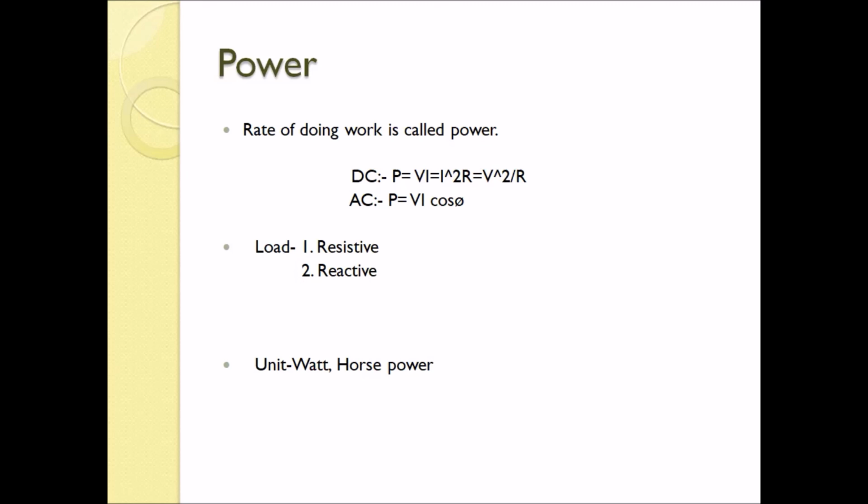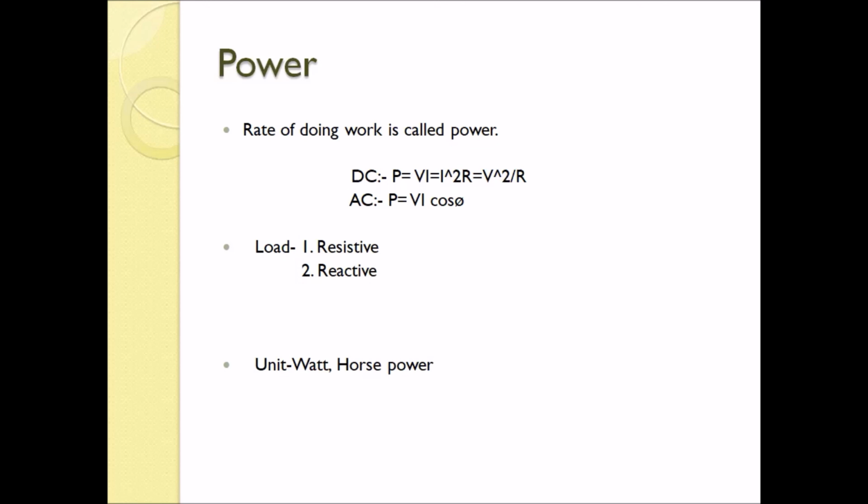So AC electricity is generally represented in sinusoidal form, and in that case the power actually utilized to do work is the product of applied voltage, circuit current, and the cosine of the angle between the voltage and current.